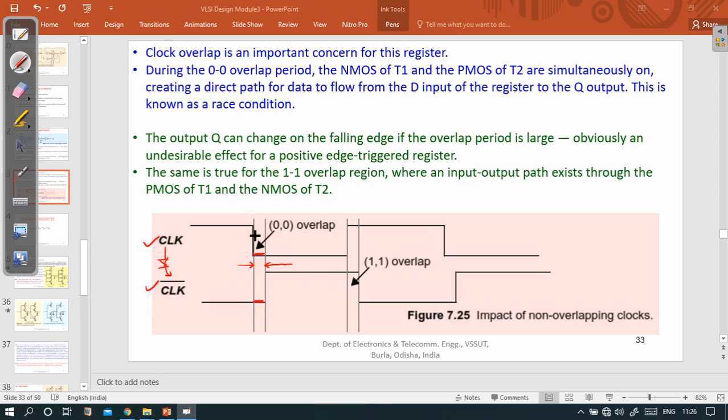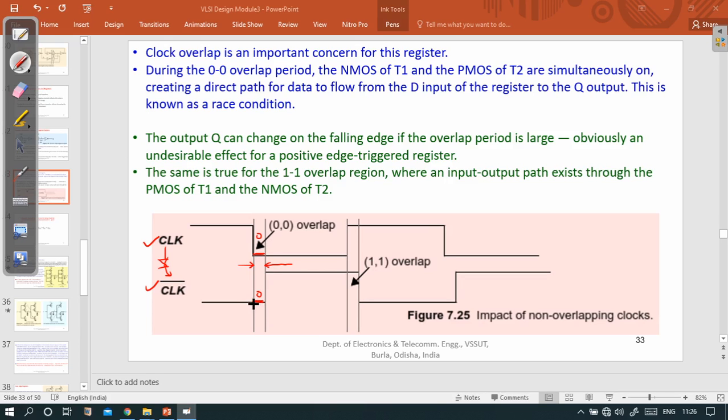This may pose a problem in the operation of the circuit, and this time window is called 0-0 overlap, as both clock signals are giving a 0 value.